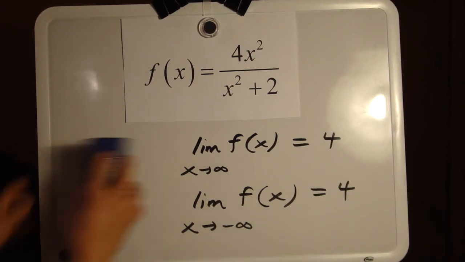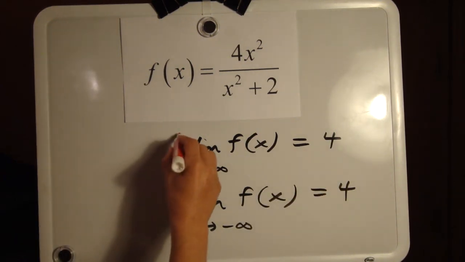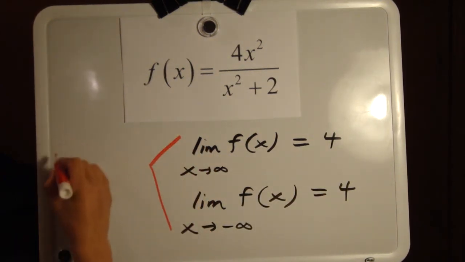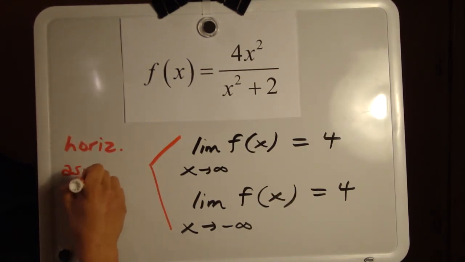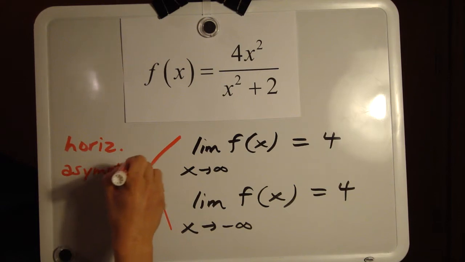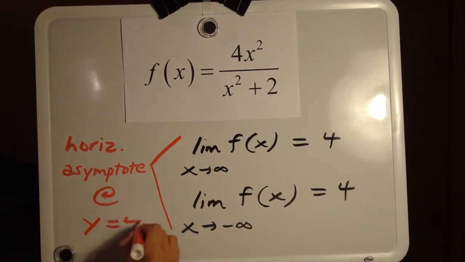Okay, something you might recall from algebra class is that when you have this kind of phenomenon occur, then something graphically is occurring at this point, when y is equal to 4. What we would say here is we have a horizontal asymptote at y equals 4.